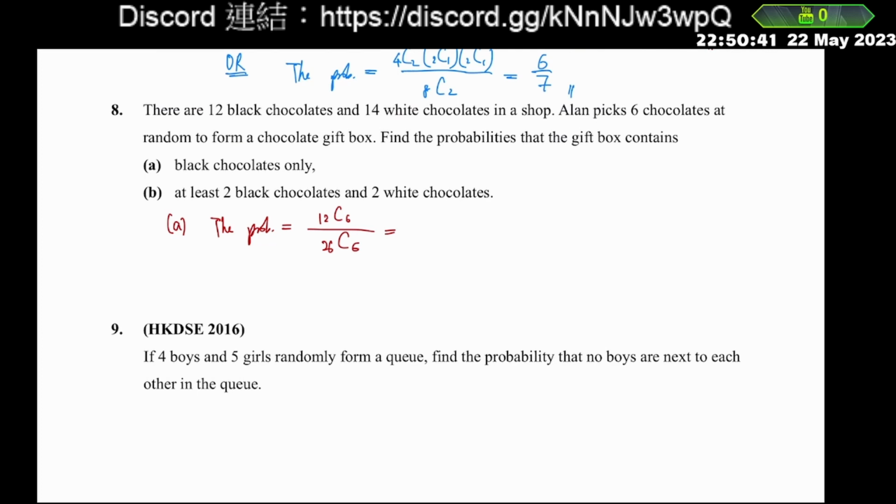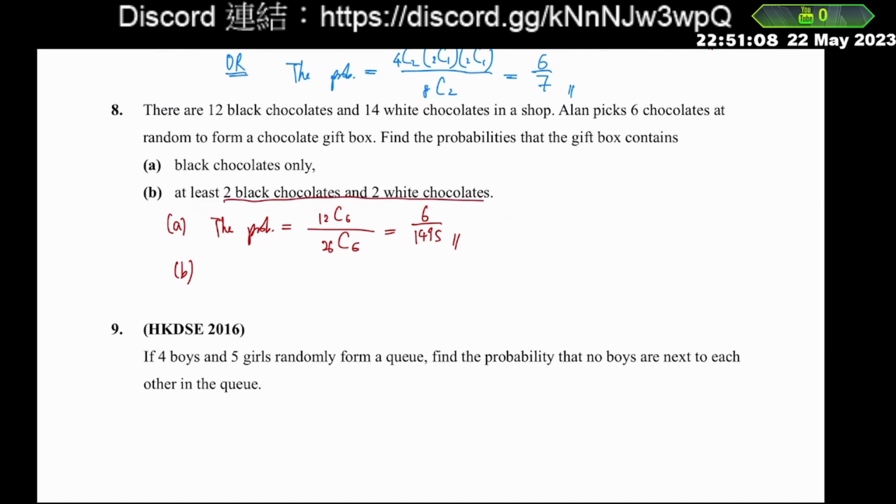Oh, the number is very small. Okay, it is 6 over 1495. It's better to give a fraction usually. So part B: the box has at least 2 black chocolates and at least 2 white chocolates, choose 6. It will be better if we list the cases one by one.